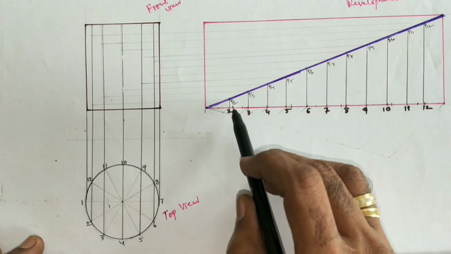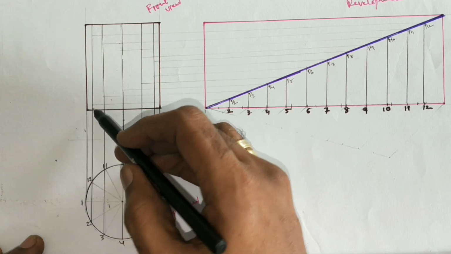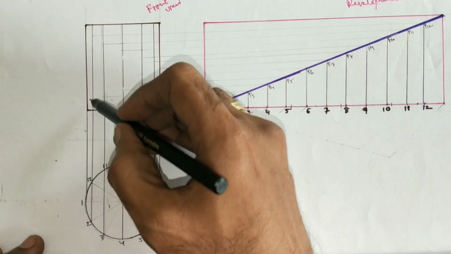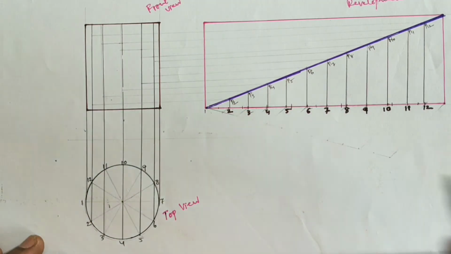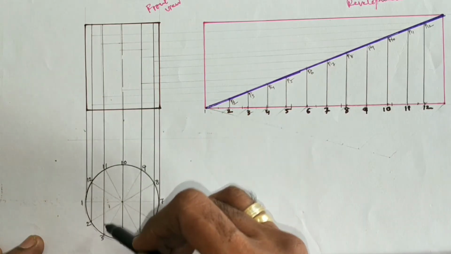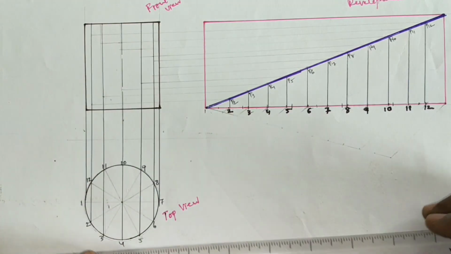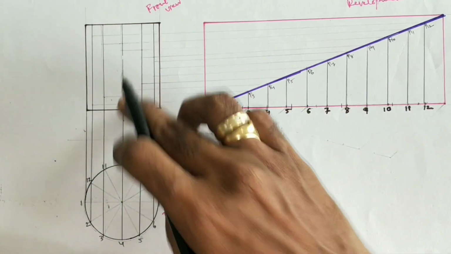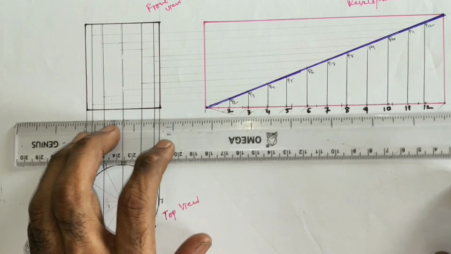Say for example, from P2 if we draw the horizontal line, that should intersect the line coming from 2 on the circumference of the circle. Similarly, the line from P3 is going to intersect the line coming from 3, and so on. From P4, it is to intersect with the vertical line coming from 4.